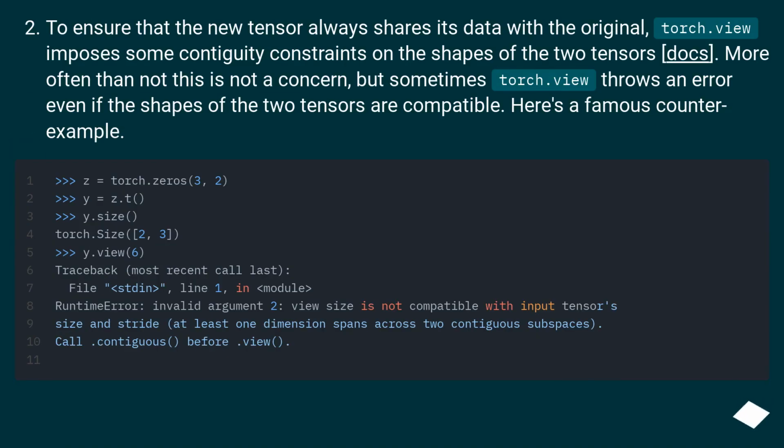To ensure that the new tensor always shares its data with the original, torch.view imposes some contiguity constraints on the shapes of the two tensors, see the docs. More often than not, this is not a concern, but sometimes torch.view throws an error even if the shapes of the two tensors are compatible. Here's a famous counterexample.